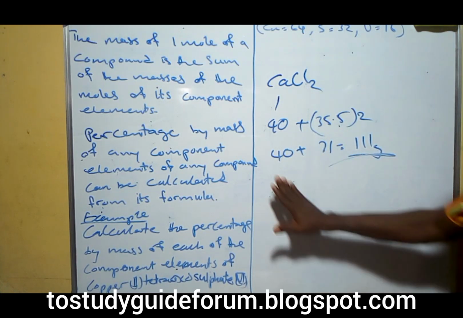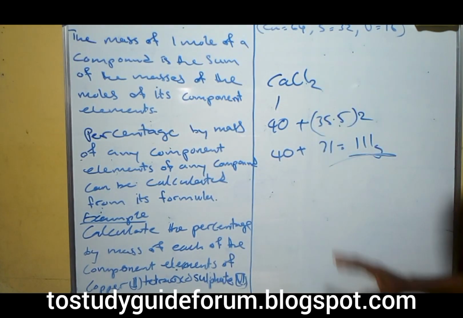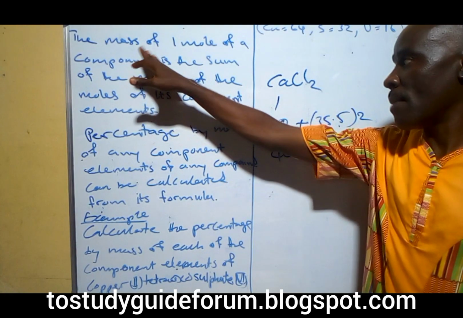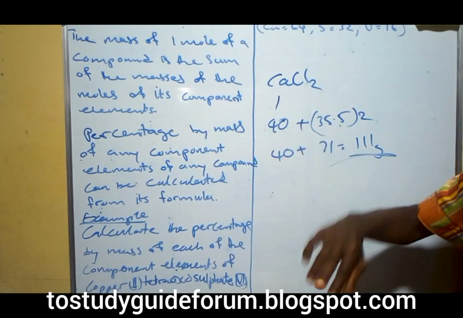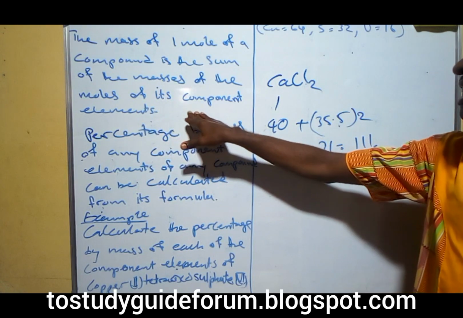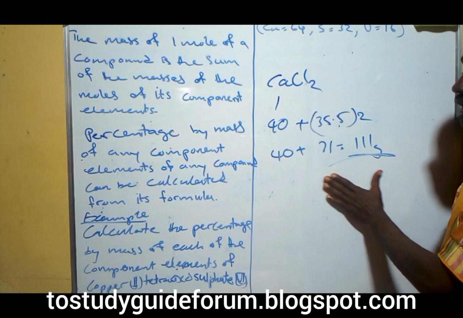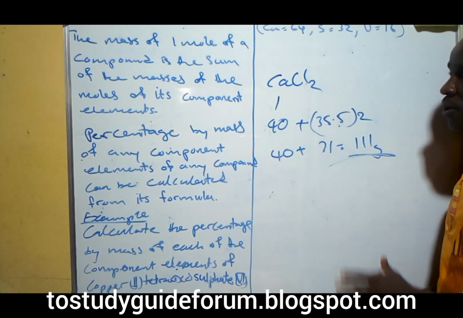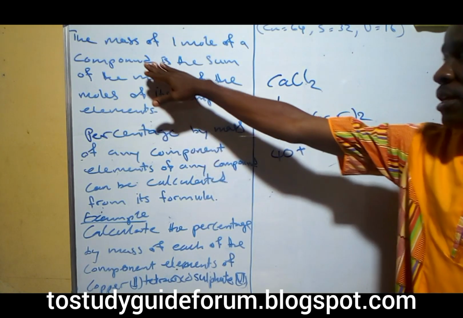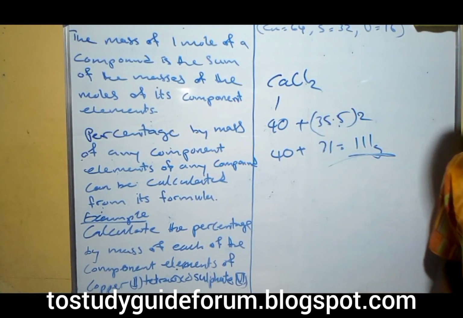So in this case, we'll be able to find out that the mass of 1 mole of a compound is the sum of what? The masses of all the moles of its component elements. Now, the moles of this, we'll use it to gather information on the mass of 1 mole of calcium chloride.